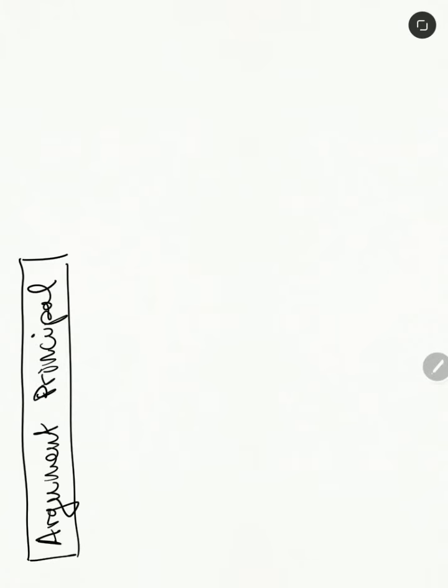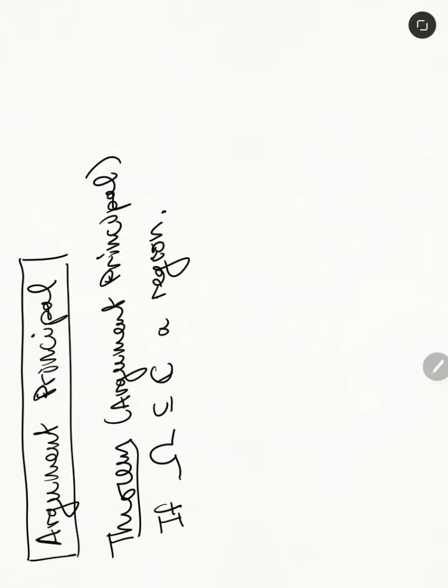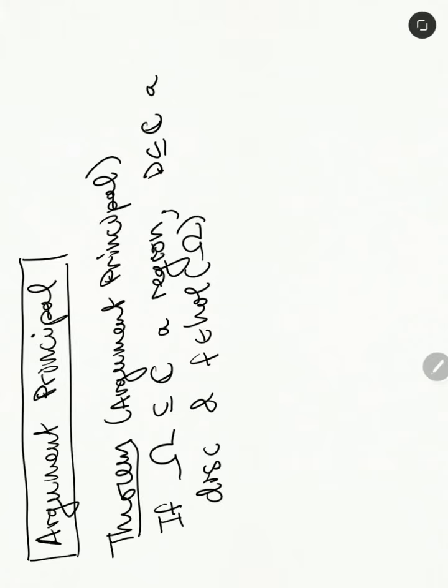It says that if f, so if omega, let's say, okay, so if D is a disk, let's say omega is a region, with D a disk, and f a holomorphic function on omega, then we have the following thing.